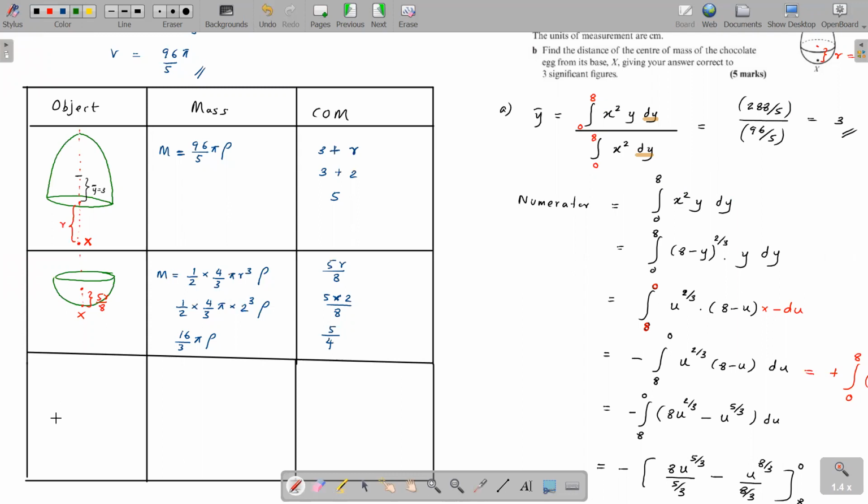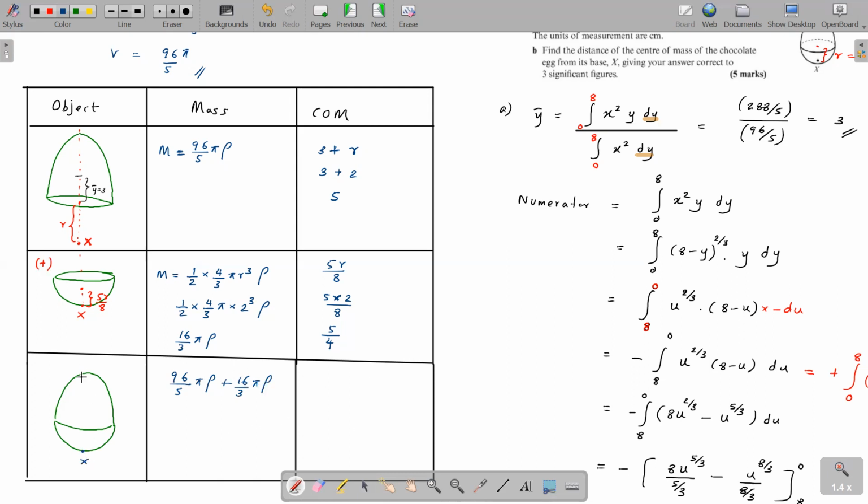The final thing is the final chocolate egg. So you have this as your final object. Right, guys? So final object, what do you do? You're adding these two guys, so it's an addition. You have to add the two masses: 96 over 5 pi rho plus 16 over 3 pi rho. So add them together.